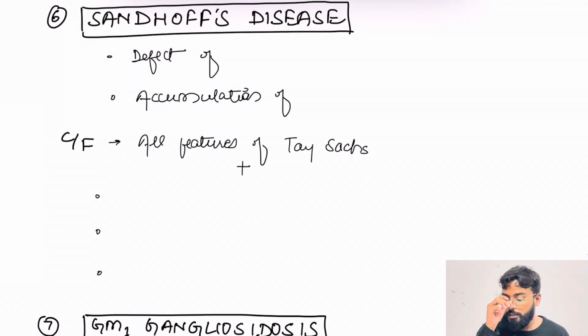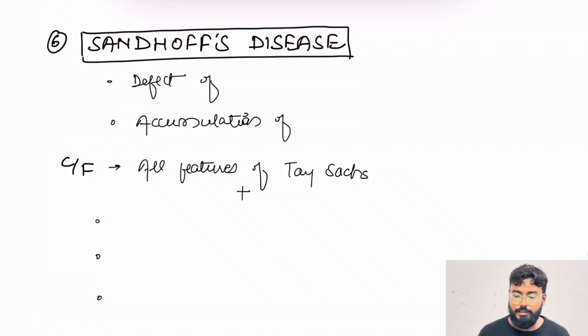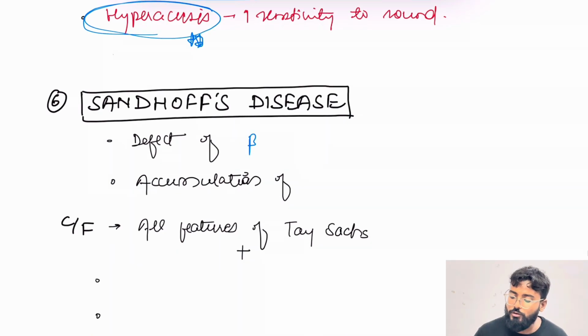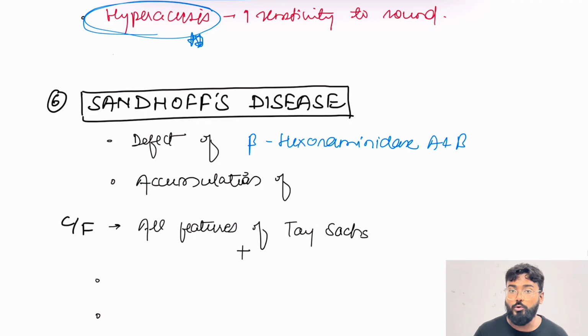Moving on to the next, that is your Sandhoff. Sorry, in case of Tay-Sachs, the enzyme defective is your beta hexosaminidase A. And in case of Sandhoff, it is your beta hexosaminidase A and B both.